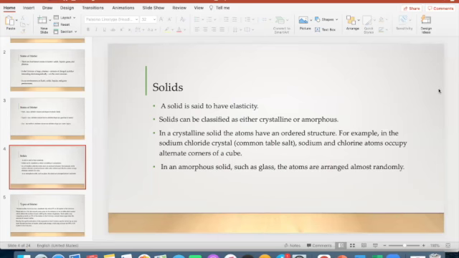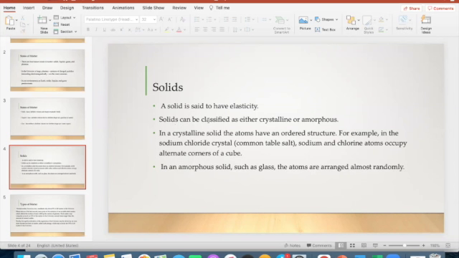So a solid is said to have elasticity. All right, so we talked about, I think, momentum in chapter 6, where we were talking about elastic and inelastic collisions. So during your elastic collisions, you have items or objects that retain their shape and volume and size.